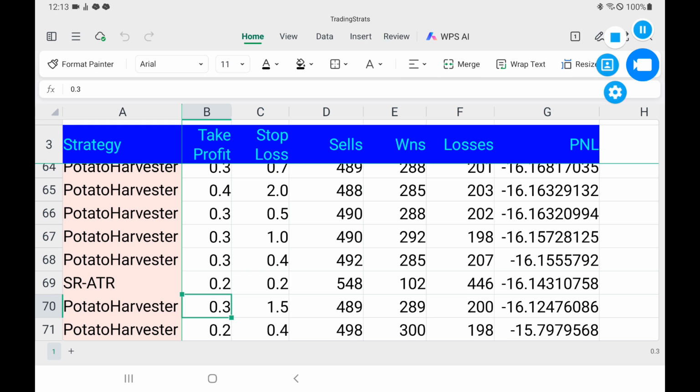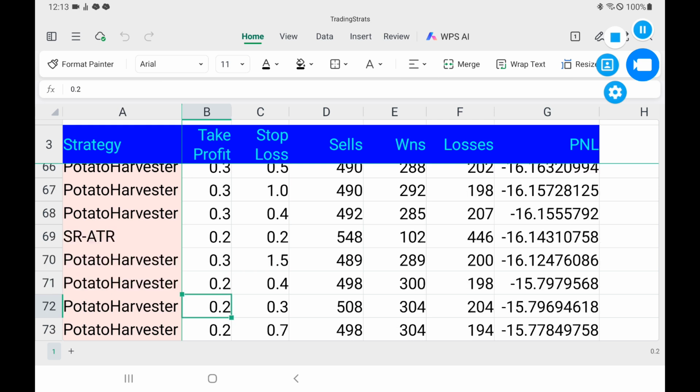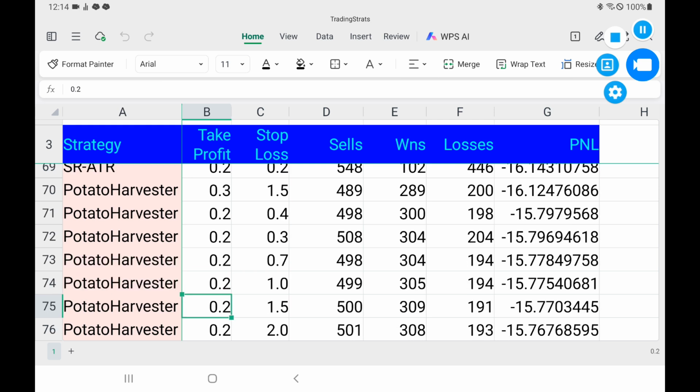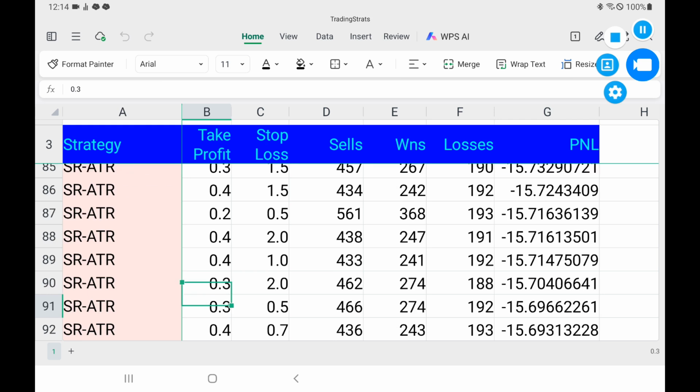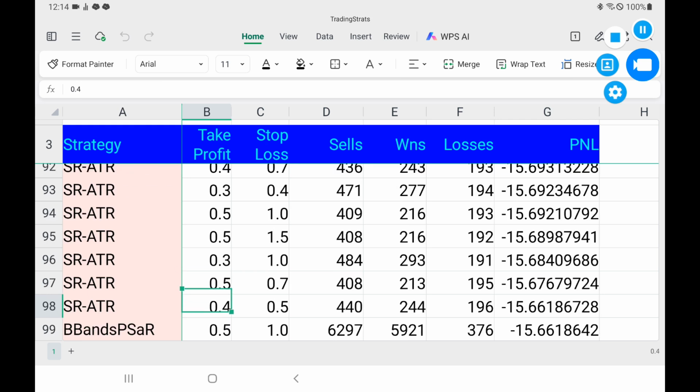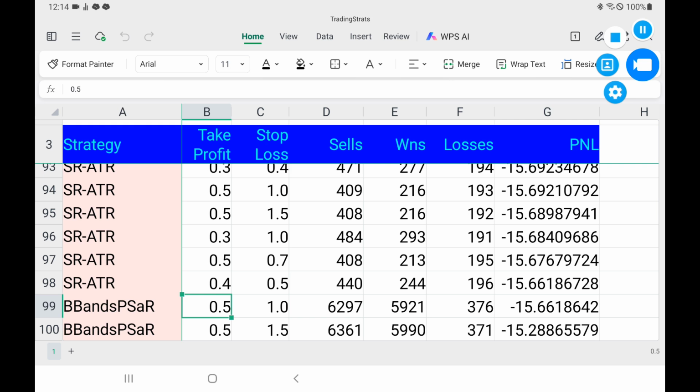Some assets have a market structure that will just inherently cause losses for a given strategy no matter what. It's important that you take the time to run the tests and analyze. Make sure your strategy at least presents itself in a rational way. Bollinger Band's parabolic SAR.